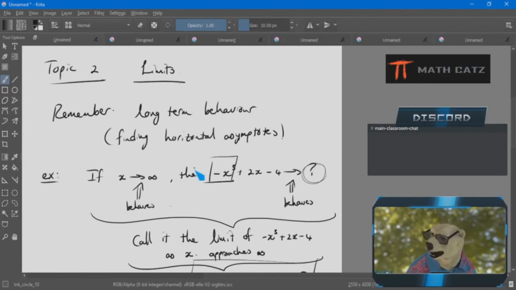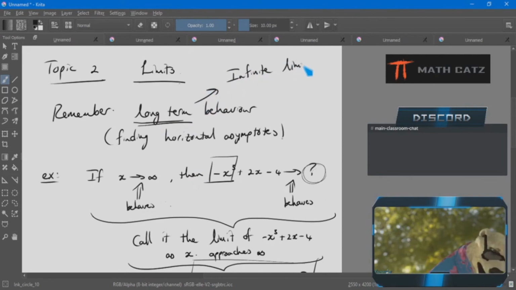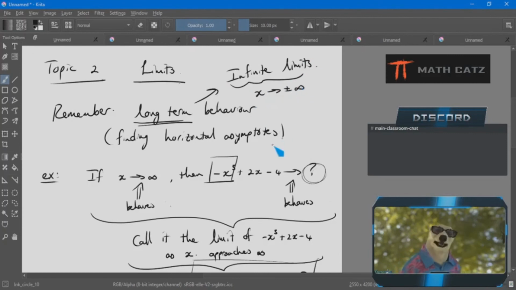Let's say it over here. Long-term behavior, infinite limits. That refers to x approaching plus or minus infinity, not the answer, not what the function is doing.